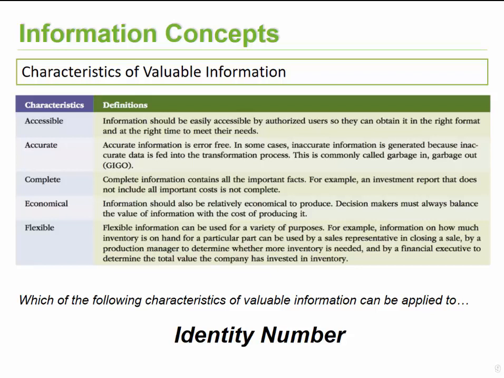If people want access to the right information and they have authorization, they should be able to access that information. For example, if you want to access your bank account details, the amount of money that you have in an account, that makes it accessible. Who should have access to that? Probably only the bank personnel as well as the account holder.